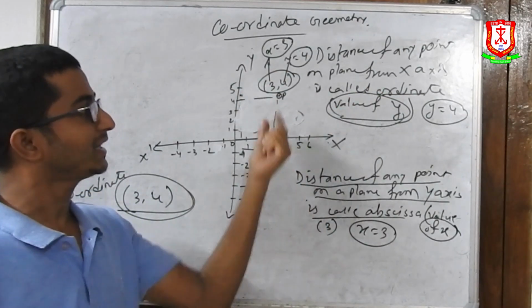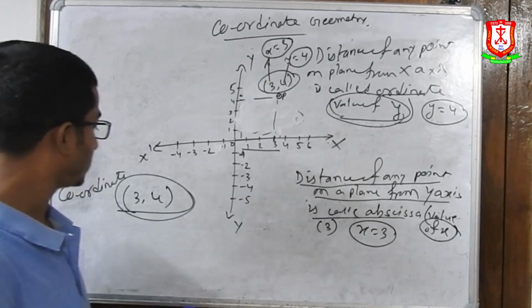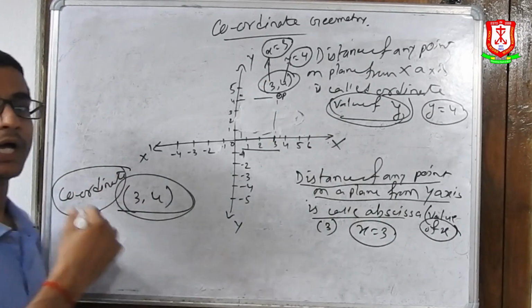Together they locate the point P on a Cartesian plane, and this is called the coordinates of the point.